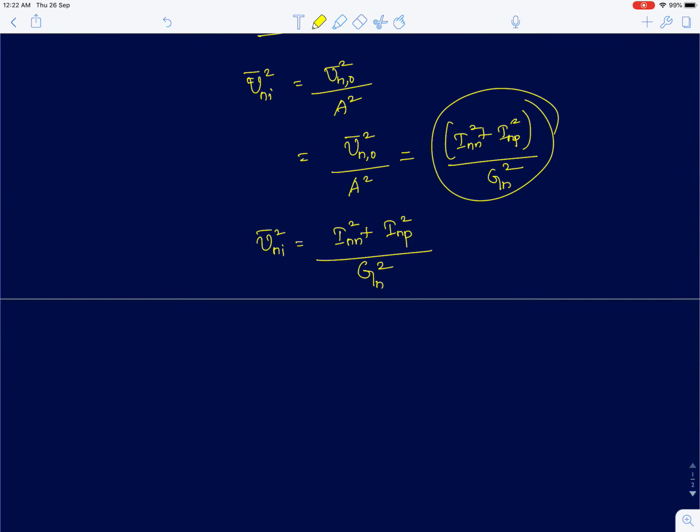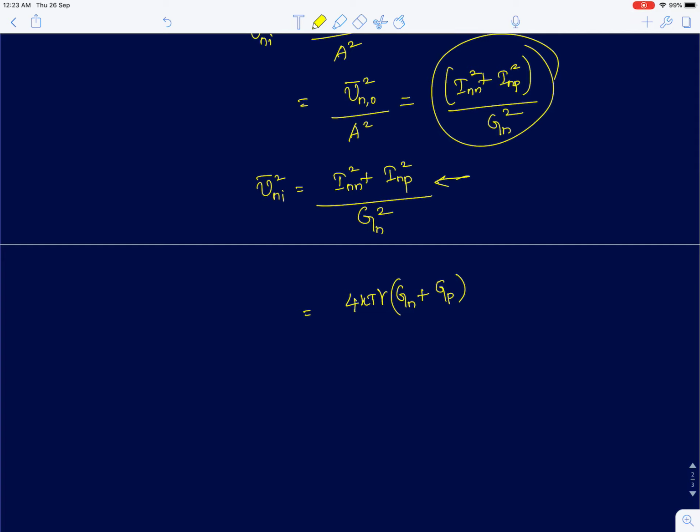Now INN is the noise of the input NMOS pair, so that will be 4kT gamma Gn, plus Gp because of the load, that is the PMOS current noise. Divide this by Gn square, so what you will be left with is 4kT gamma times Gn plus Gp by Gn into 1 by Gn.